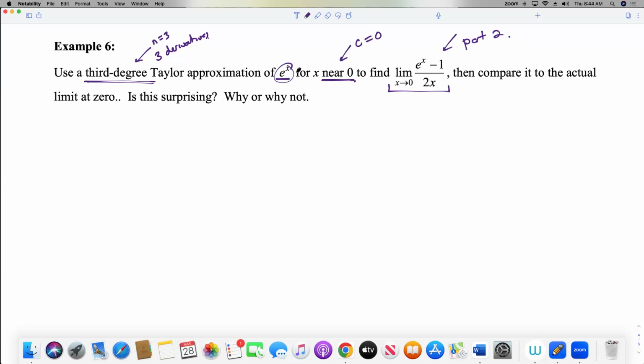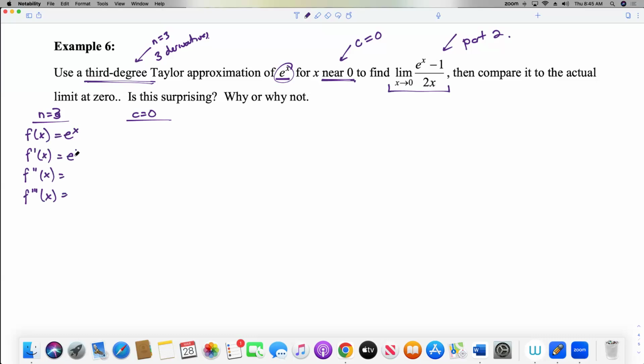Part 1, I need to write my Taylor approximation to the third degree centered at 0. So n equals 3 and c equals 0. So n equals 3 means start with the original function, which is e to the x. You have to find this derivative 3 times.